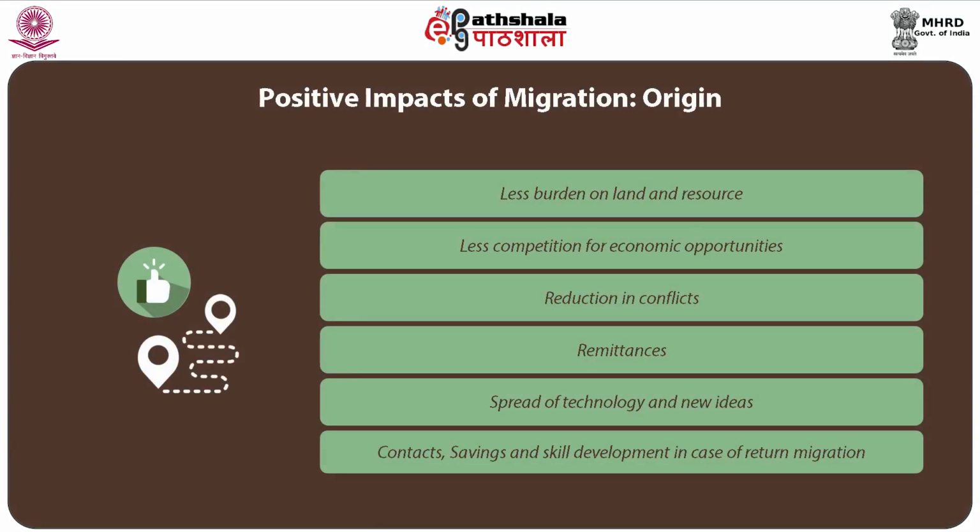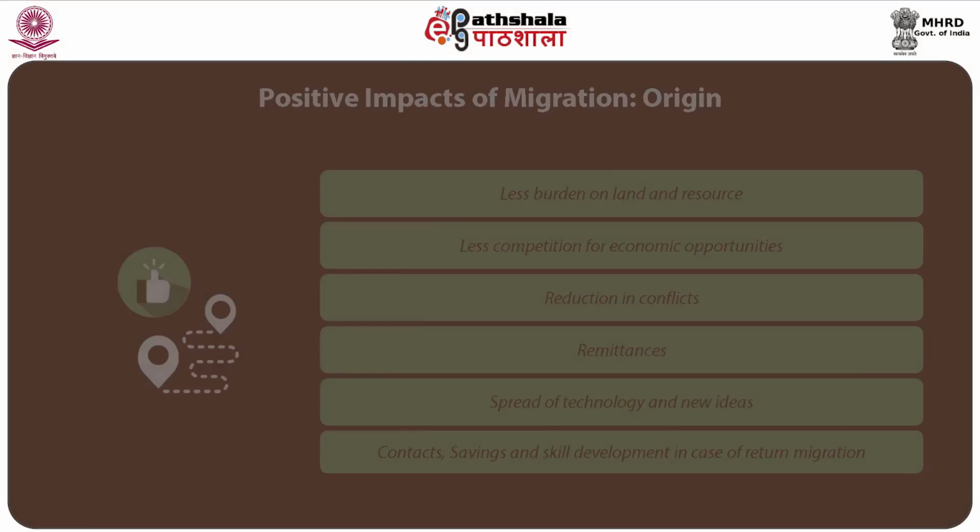The positive impacts of migration in the place of origin are: First, there is less burden on land and resources, because migration is typically between rural and urban areas. The rural areas are often associated with a huge burden on land and resources, so this will relieve that burden.